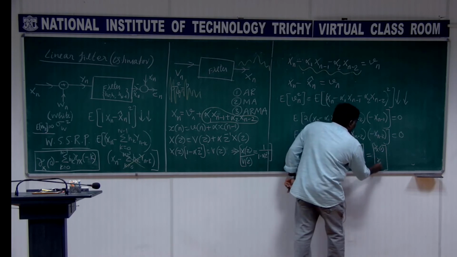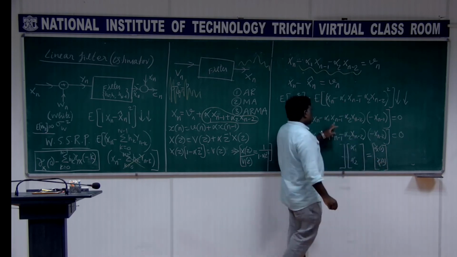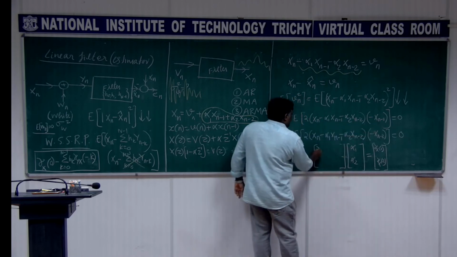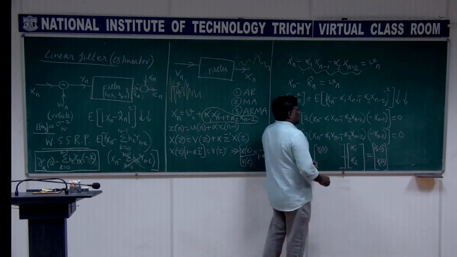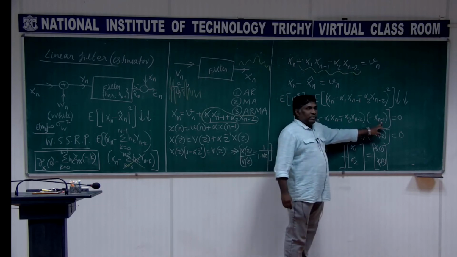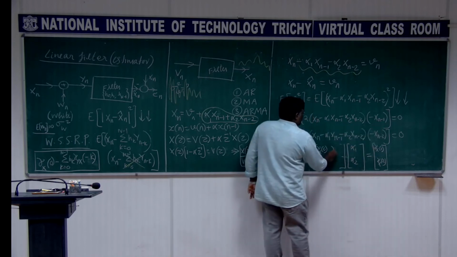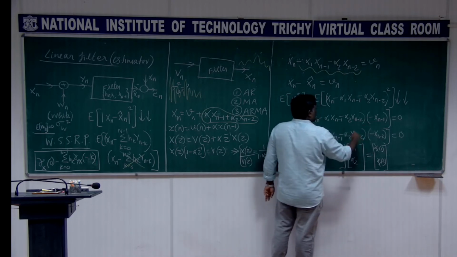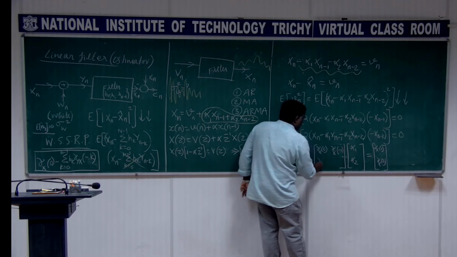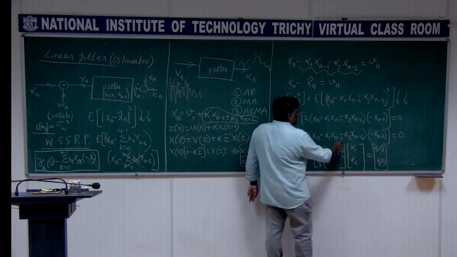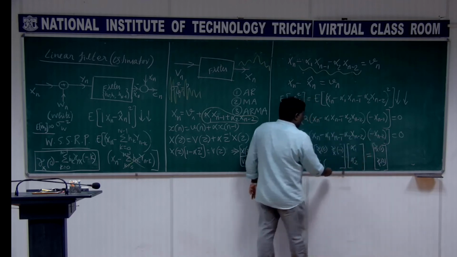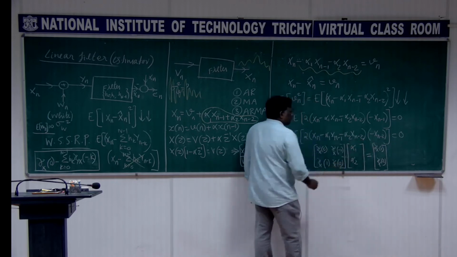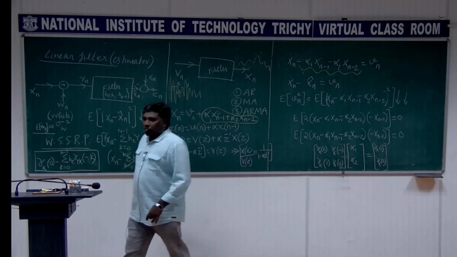That is equal to: gamma x of 0, and for n minus 2 and n minus 1, gamma x of minus 1, and here gamma x of 1, and this is 0. You can choose more coefficients also.